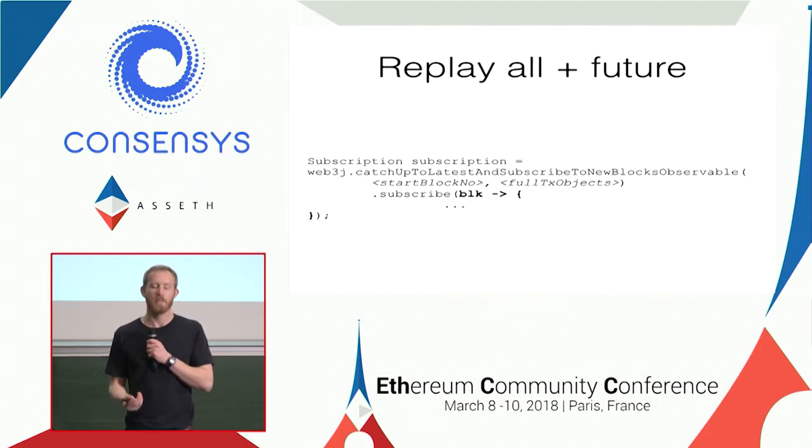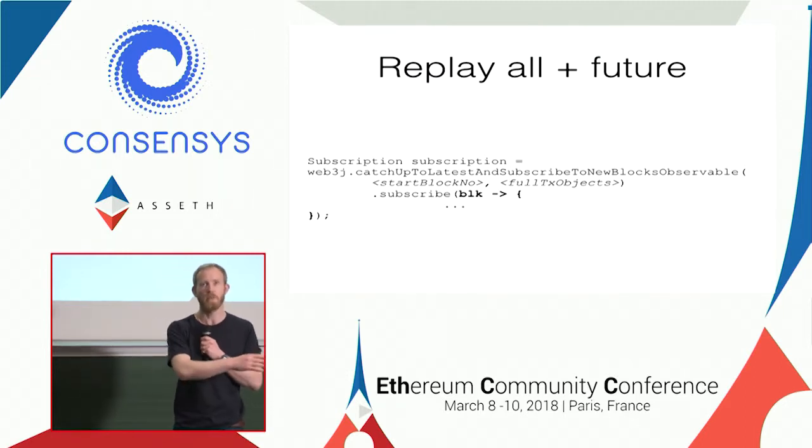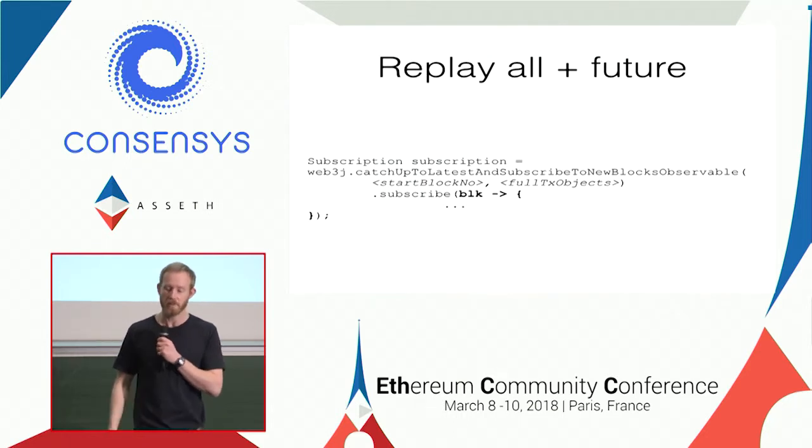And then you've also got very lengthy names, but it's basically a method that enables you to replay the entire history of the blockchain from the beginning, and then all future subsequent blocks as well. It's one command, you pass in your callback, and this is all you need to do in order to replay the entire previous as well as future transaction history on an Ethereum blockchain.